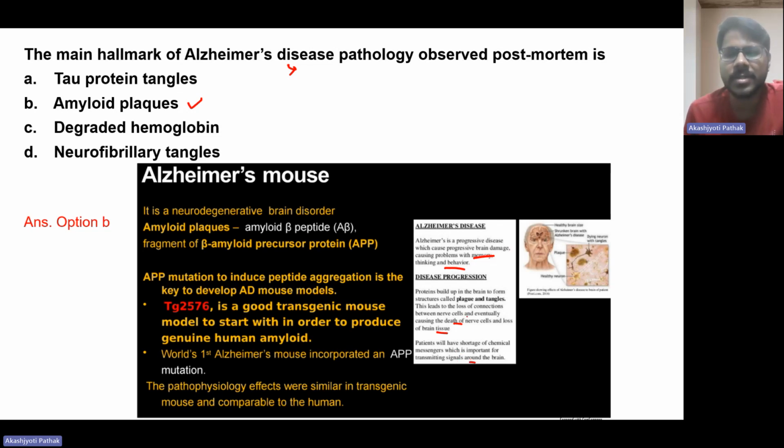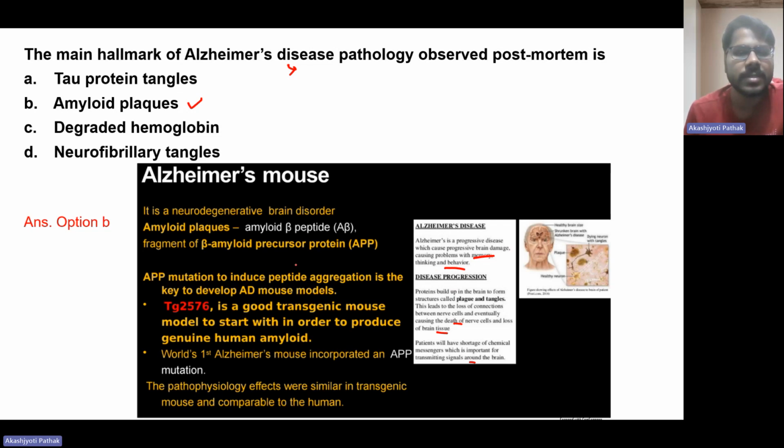Because these nerve fibers are damaged, and also the connections between the different neurons get damaged or degenerated, and the plaque starts building up in the ventricles of the brain. So all these problems result in Alzheimer's disease.